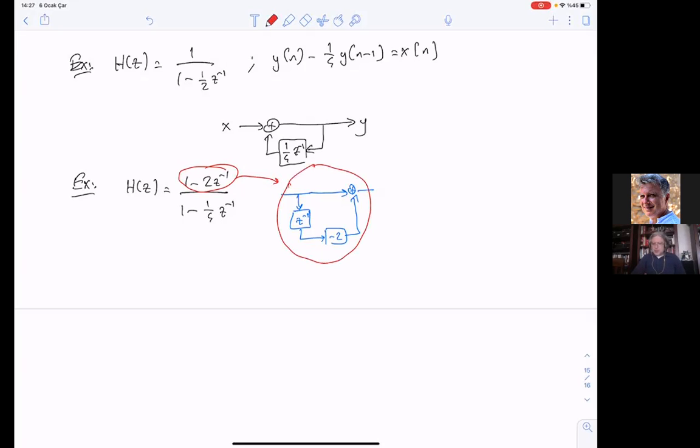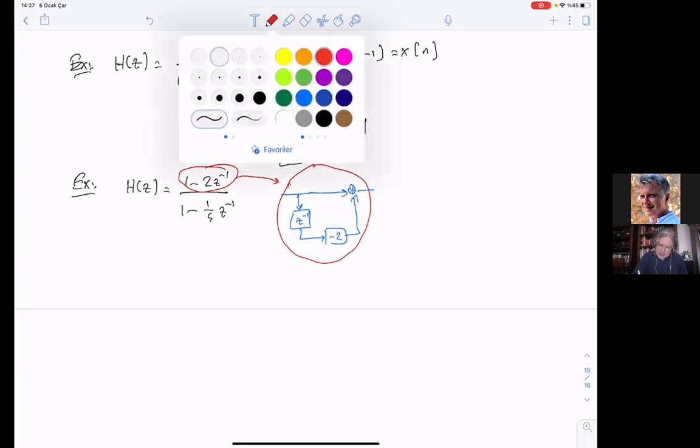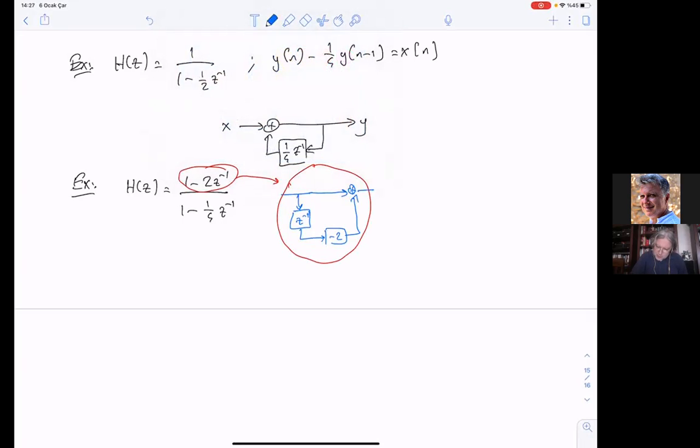This is the numerator part. And the denominator part continues as a feedback, maybe like this.